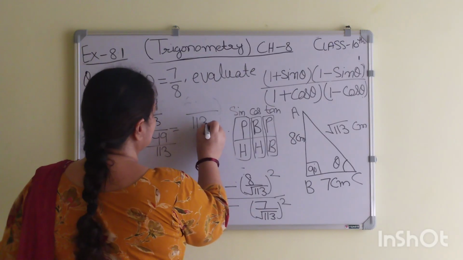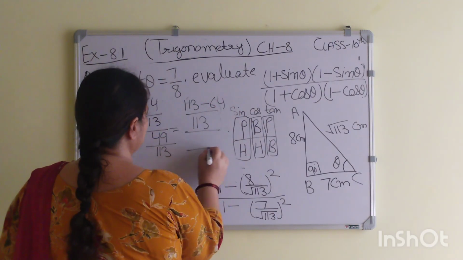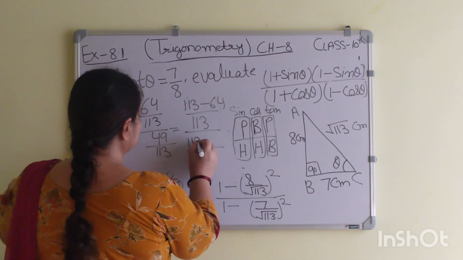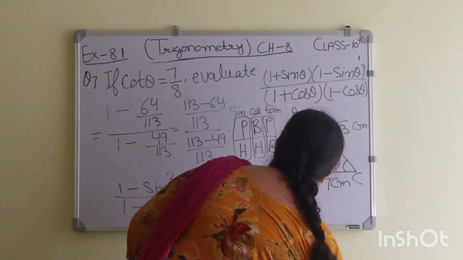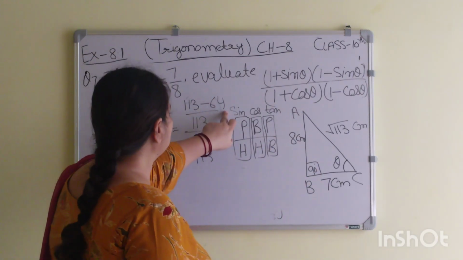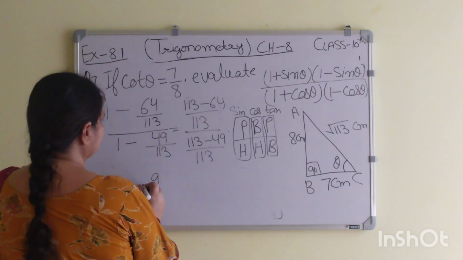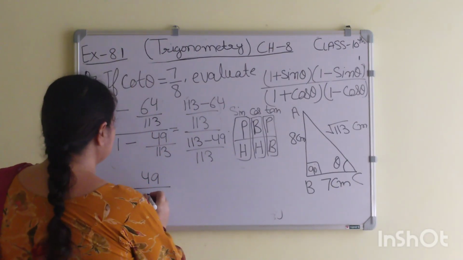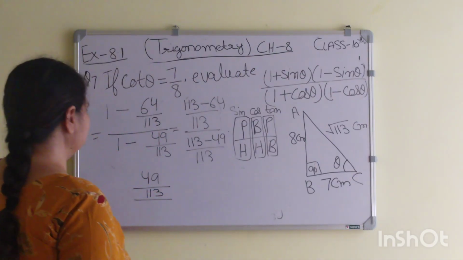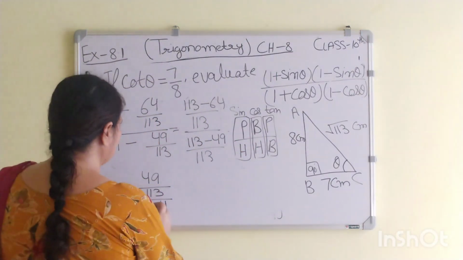Now 113 is the LCM, so 113 minus 64 upon 113, and here we can write 113 minus 49 upon 113. Now 113 minus 64 is 49, and 113 minus 49 is 64.